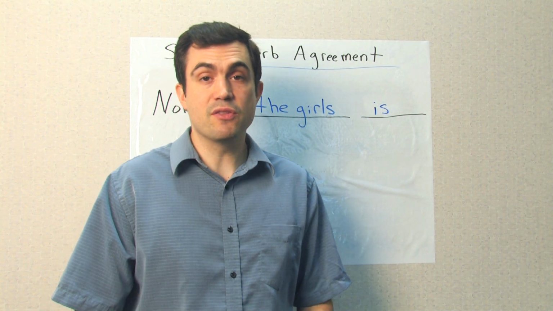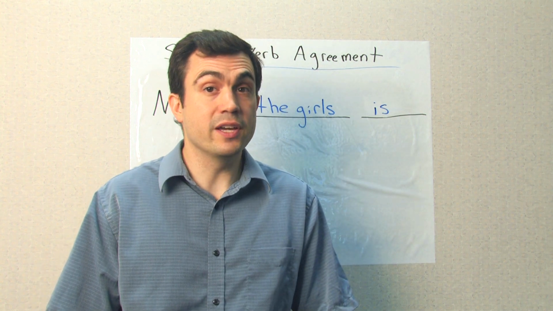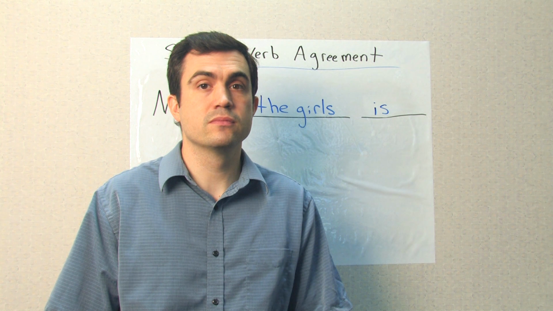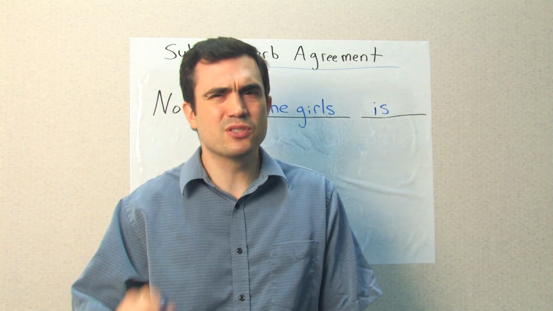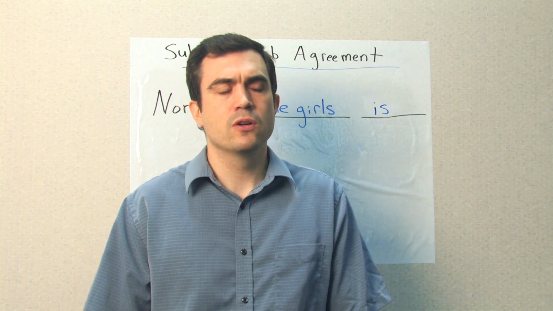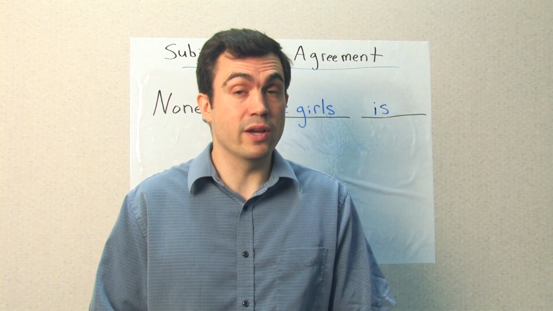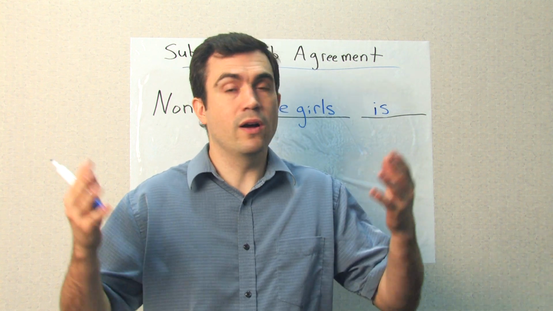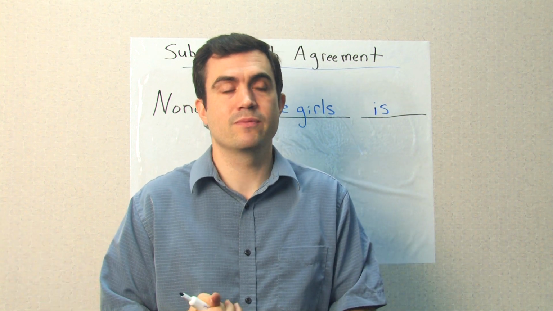So let's listen to how this sounds. None of the girls is going on vacation. Actually, that's correct, but maybe it sounds a little odd because we don't usually talk that way. We would probably say, none of the girls are going on vacation. In speaking, it really doesn't matter. Both are correct.